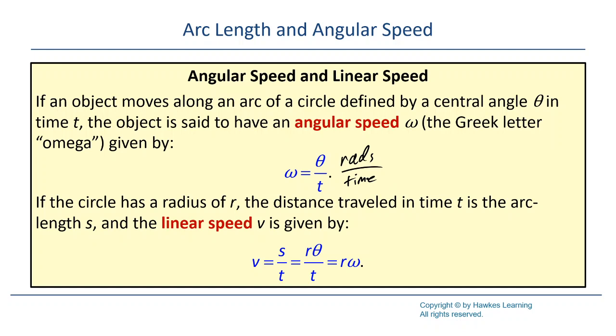If that's the case, then the linear speed is just the length of the radius times omega, which makes sense. If you think about a merry-go-round, say you were standing on the actual pivot point where the whole thing is rotating.